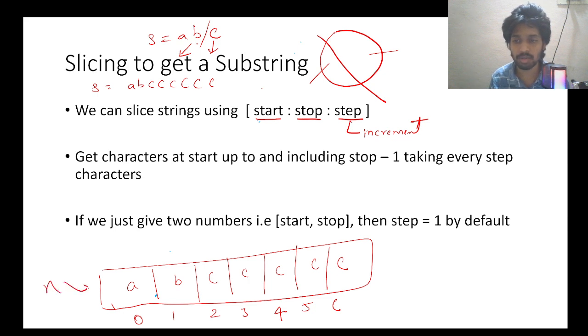Using n to represent this, n of, first I need to mention the starting index. Let's take 2 here. Then I'll put the colon. Then I'm going to mention the stop index. I want to mention 5. And then I'll mention the step.